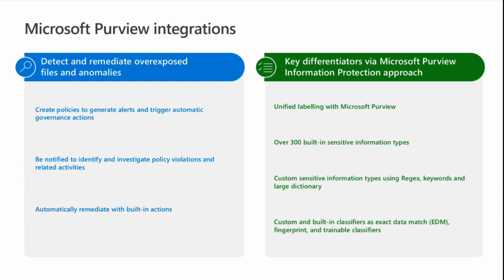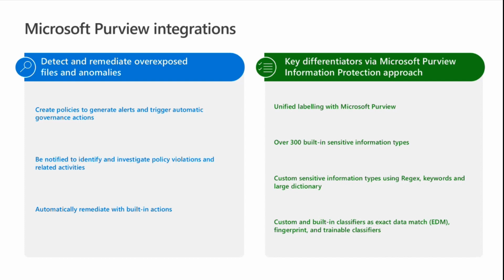So to wrap it up, especially with Microsoft Purview integration, it brings you a tremendous amount of benefit. You are able to use any of the 300 plus built-in sensitive information types. You can also look at regulatory constraints, such as GDPR, HIPAA, FINRA, or any of the other ones.